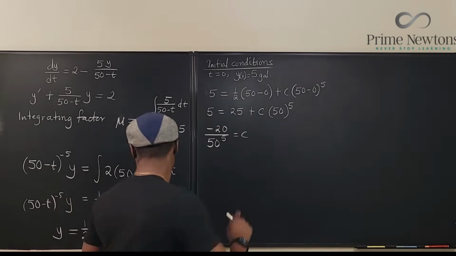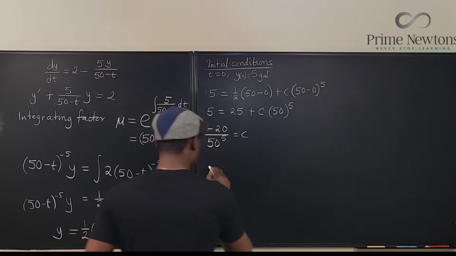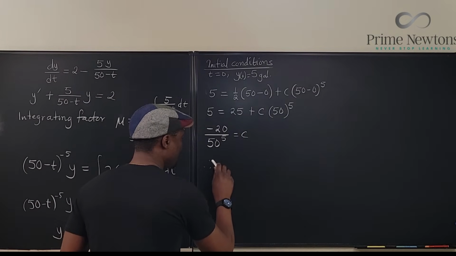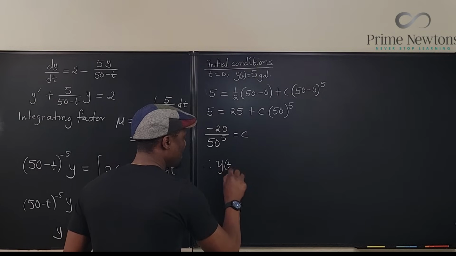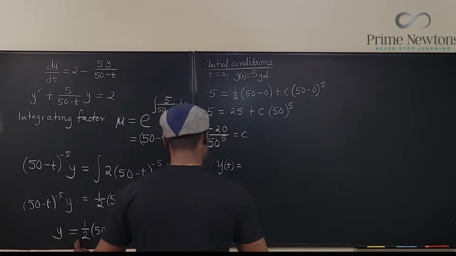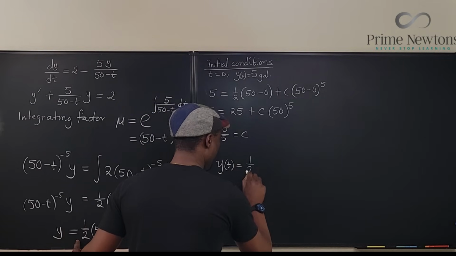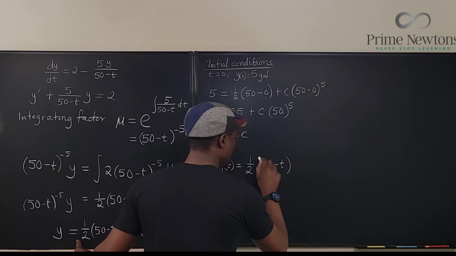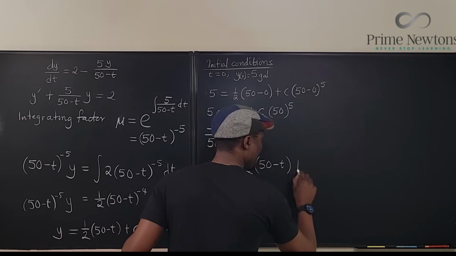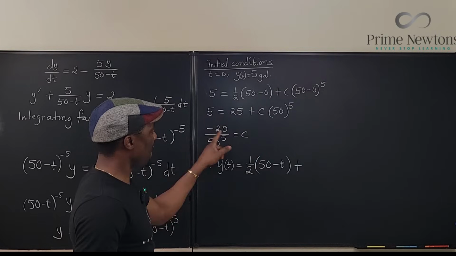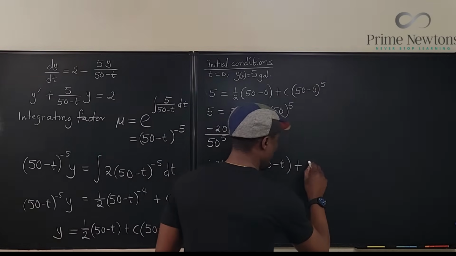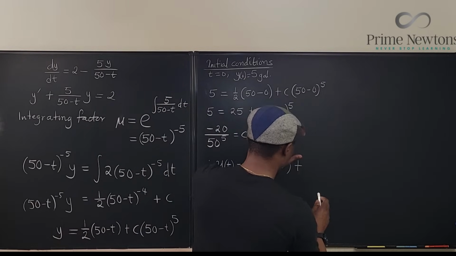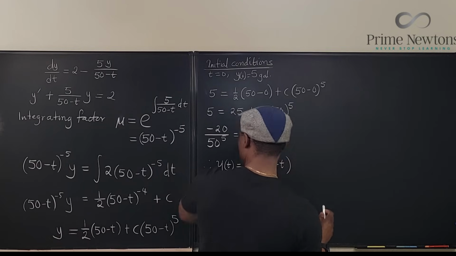So now we go back here and plug everything in. We say therefore y at time t is equal to 1/2 of 50 minus t plus, what is c? Negative 20 over 50 to the 5, so this is going to change to negative 20.